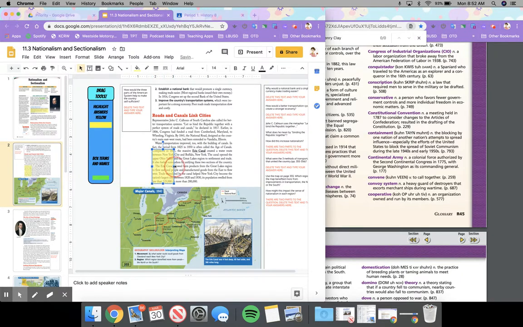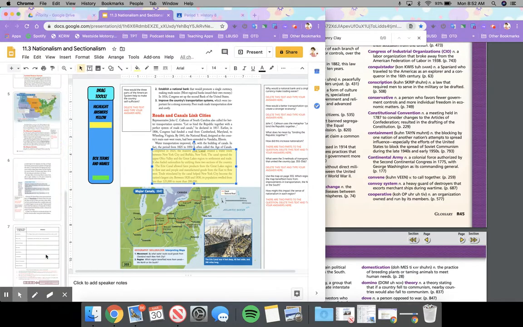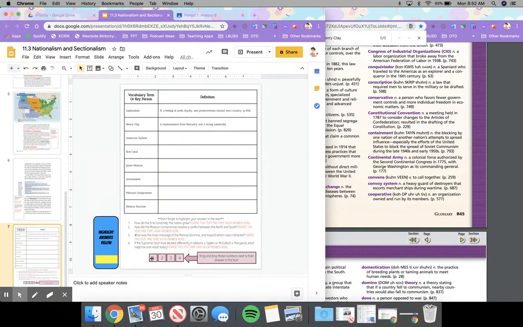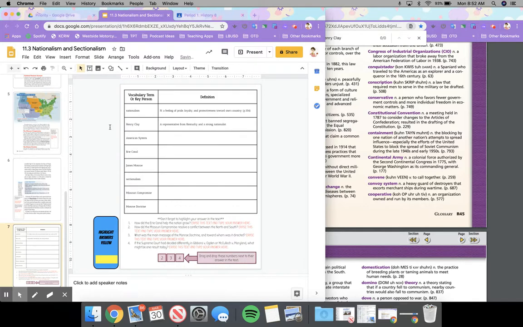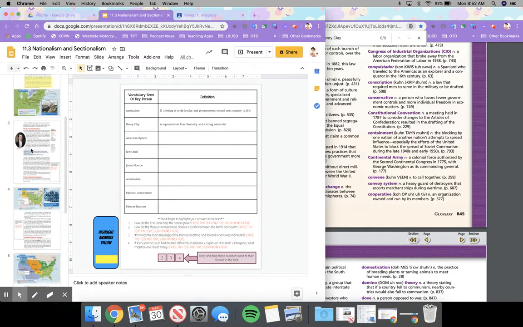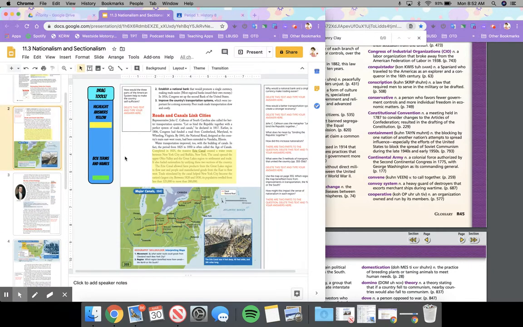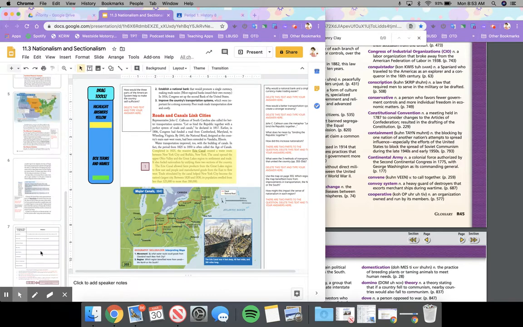So basically the majority of this is my answer. So I'm going to highlight all of it. And then I'm going to go back to slide number 7. I'm going to click on my number 1. And then I'm going to cut. And I'm going to paste. Just like that.